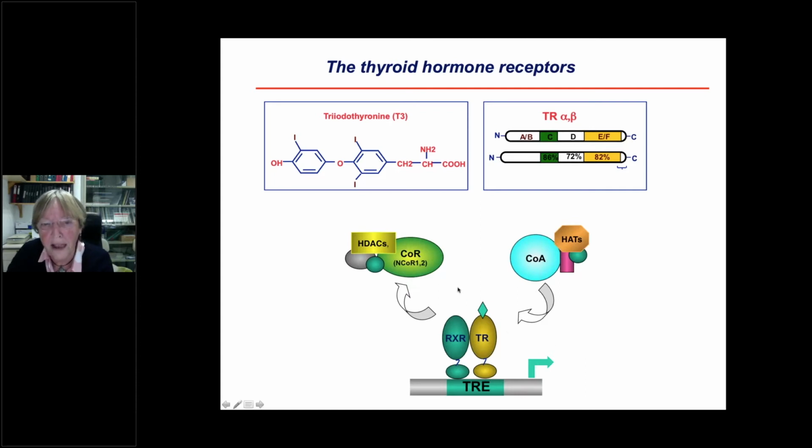Normally, in the absence of ligand, the receptors are bound to co-repressors, such as, for instance, NCOR, that belongs to complexes with histone deacetylase activity that will produce chromatin compaction and transcriptional repression. However, in the presence of a ligand, the receptor can bind to different co-activator complexes, and some of them contain histone acetyltransferases that will prepare chromatin for transcriptional stimulation.